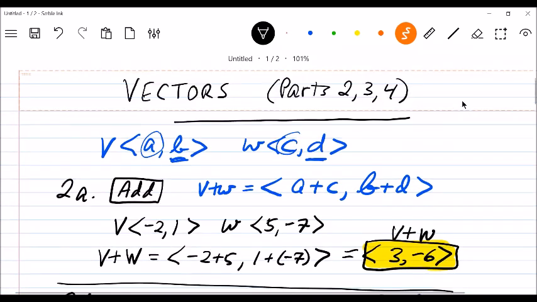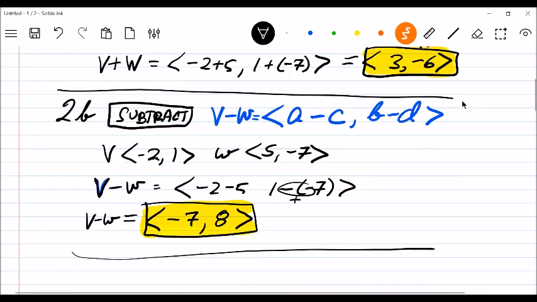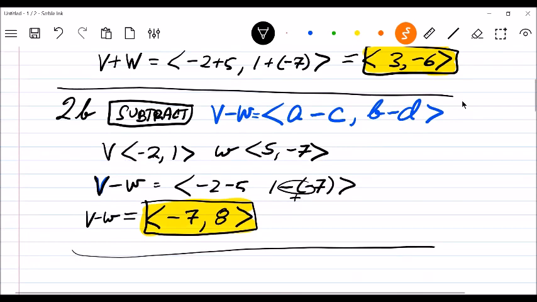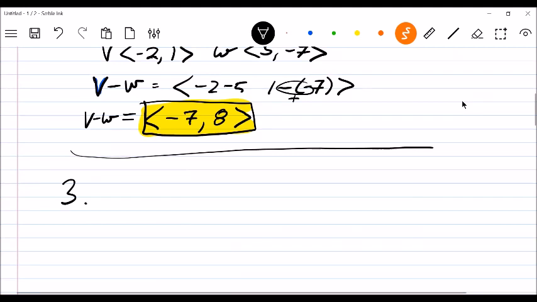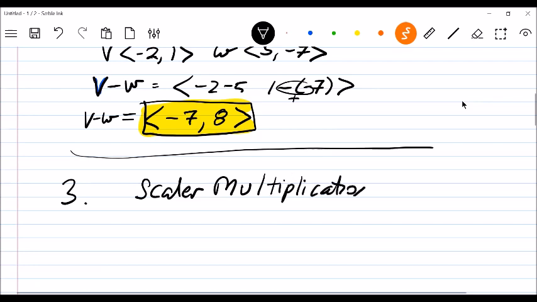So part 2 is add or subtract, and that's just a matter of adding or subtracting the first values and the second values. Now let's look at what part 3 would be. It's called scalar multiplication. Scalar, in this sense, is sort of like having a monomial, just multiplying one thing, like distributive power.